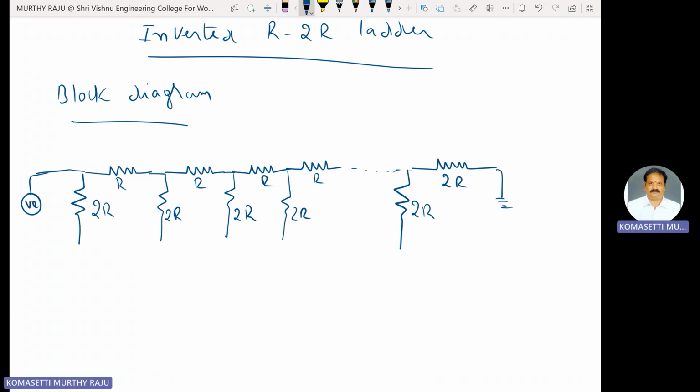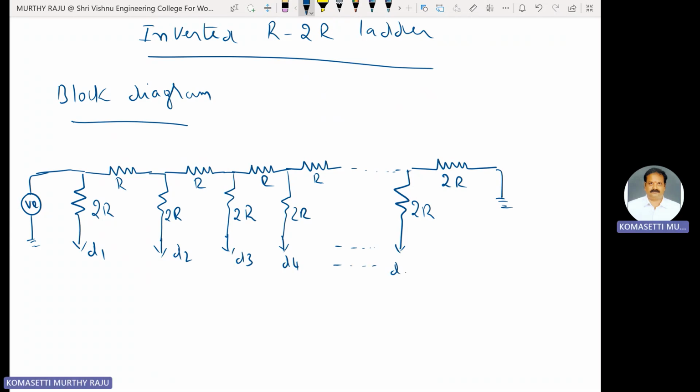VR here. VR is connected like that. These are the switches. D1, D2, D3, D4.